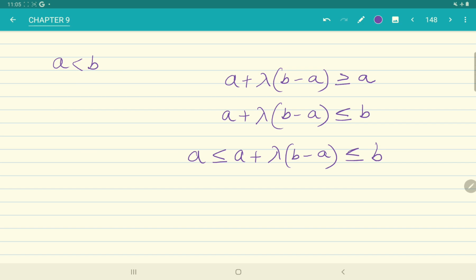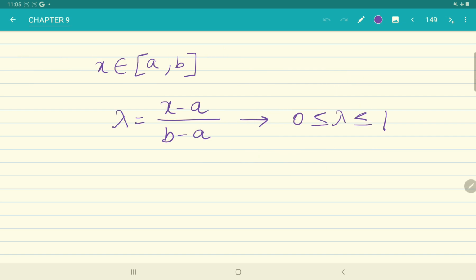And here what we see is that if we have this and 0 less than lambda less than or equal to 1, then we have this. And we have now taken the other case also.